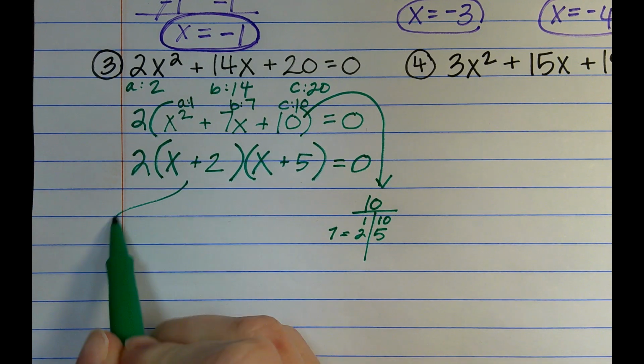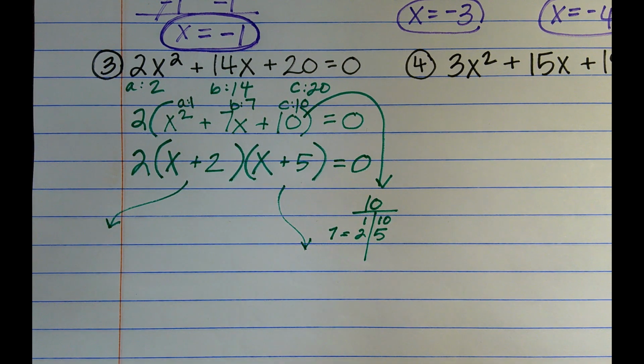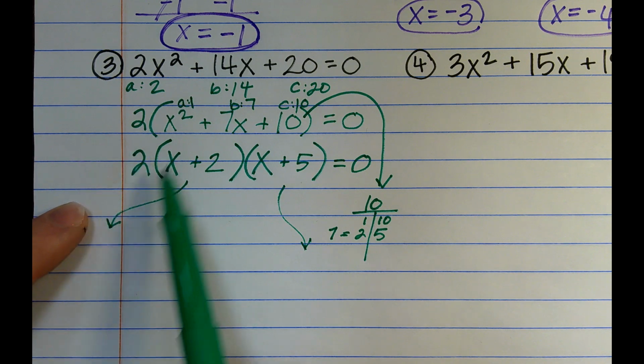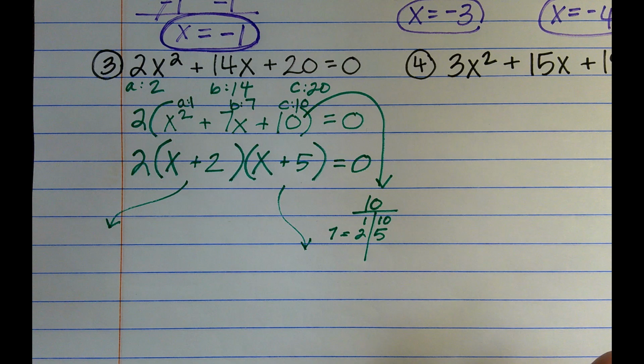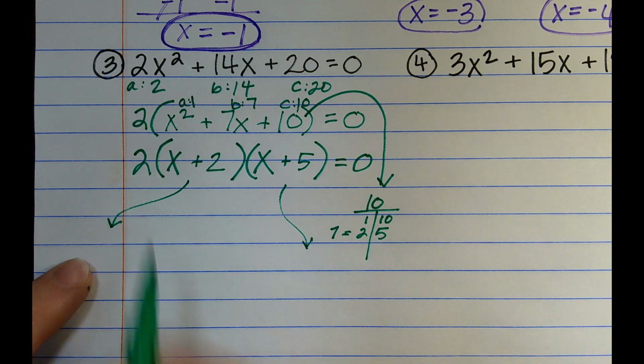So now we're just going to solve the 2 equations that we need to create. Now, we've got a 2 hanging out here. Do I need to pay attention to that? You would think you would. But since it's equal to 0, let me show you what's going to happen.